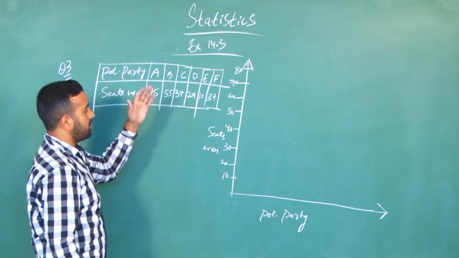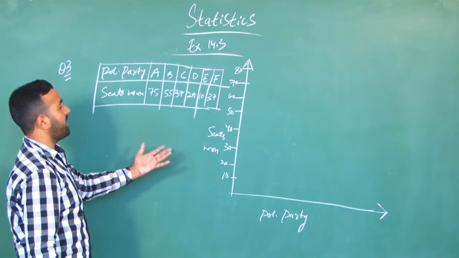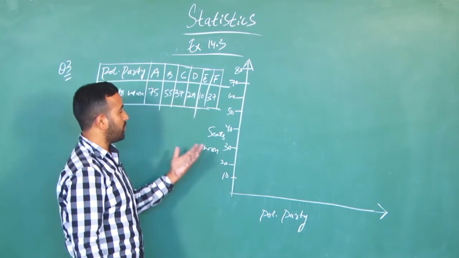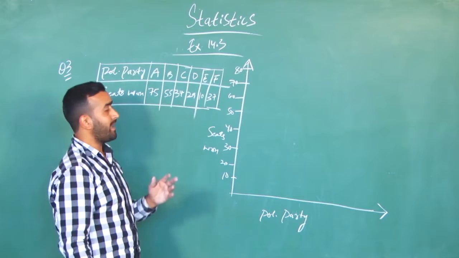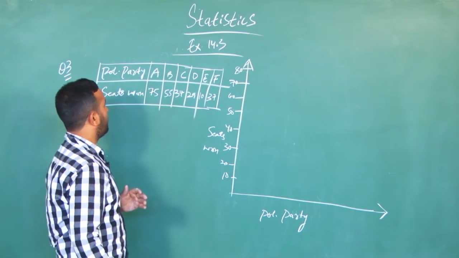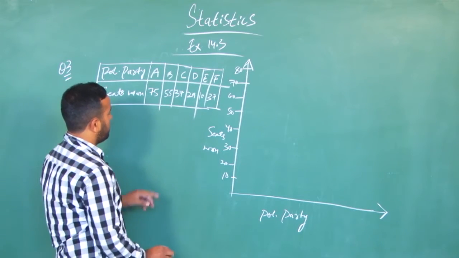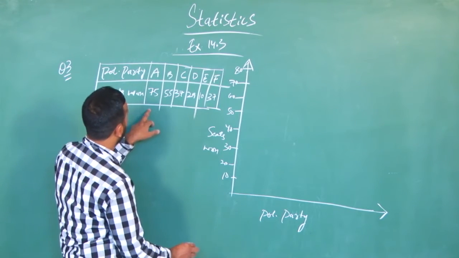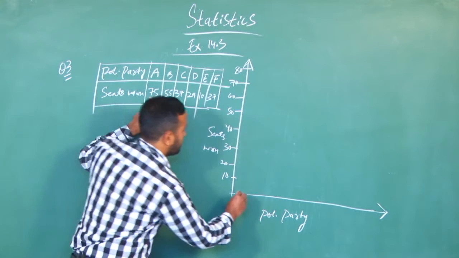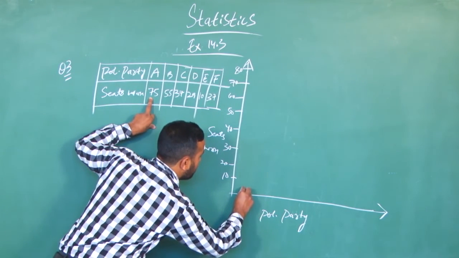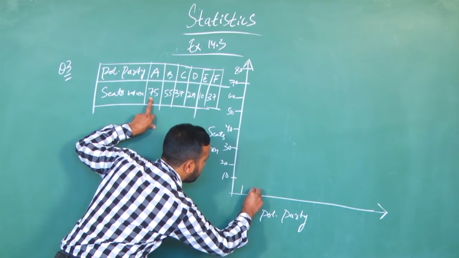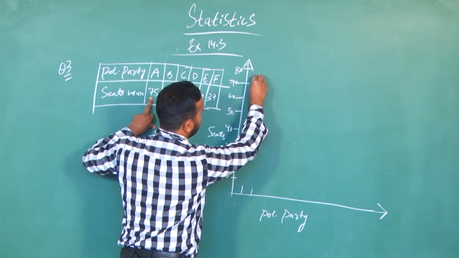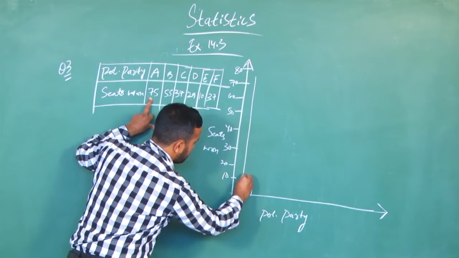Here we are taking a rough idea of drawing the bar graph, but you can draw the exact values on the graph sheet, which will give you the exact figure of the bars. So the first one is political party A. They have 75 seats, so we'll represent party A with the help of this bar, and 75 lies in between 70 and 80.